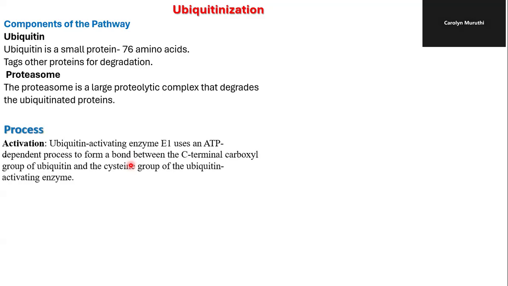We start with activation. Here we have ubiquitin activating enzyme E1, and using an ATP dependent process, it forms a bond between the C-terminal carboxyl group of ubiquitin and the cysteine group of the ubiquitin activating enzyme.